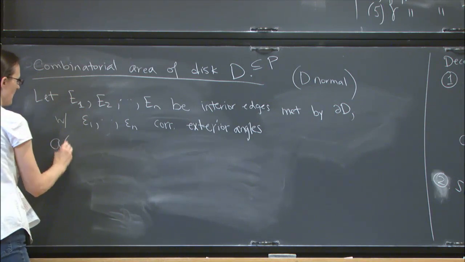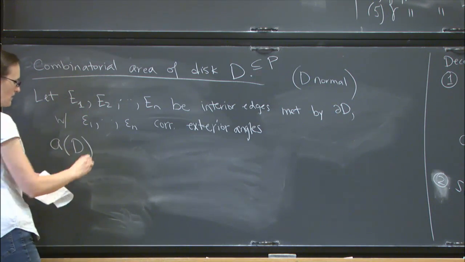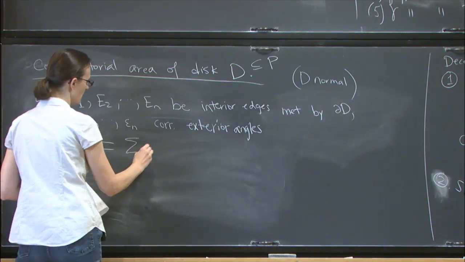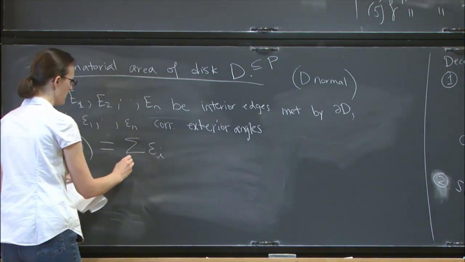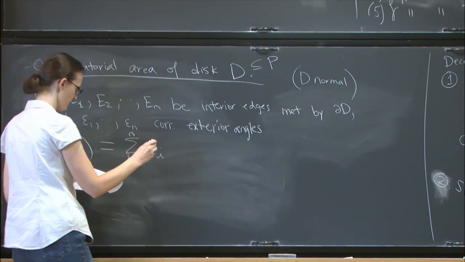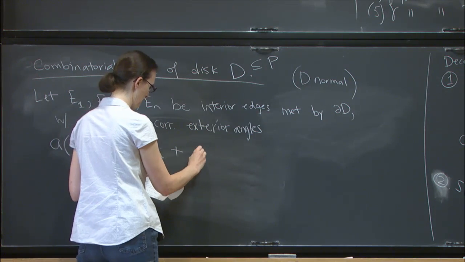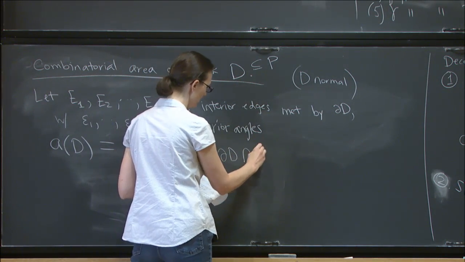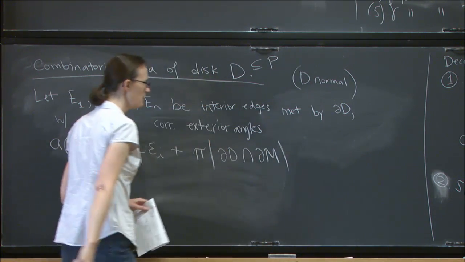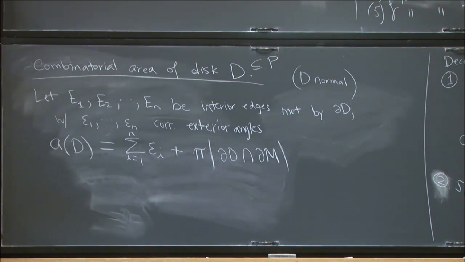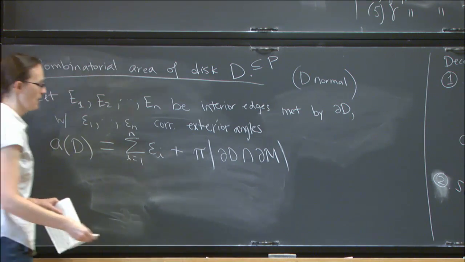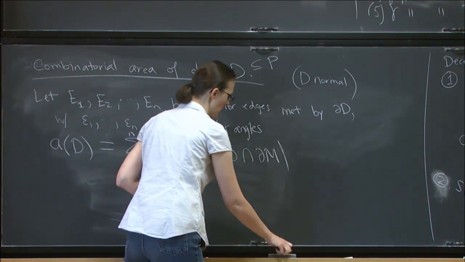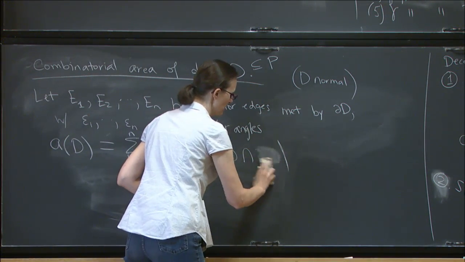Okay, then we're going to define the combinatorial area of the disk to be the sum of these exterior angles plus pi times the number of intersections of your boundary with boundary faces.